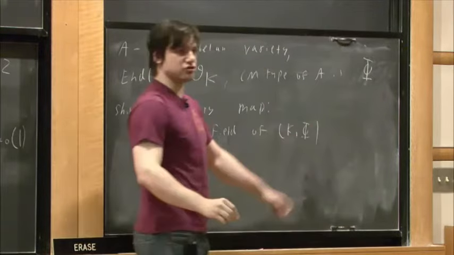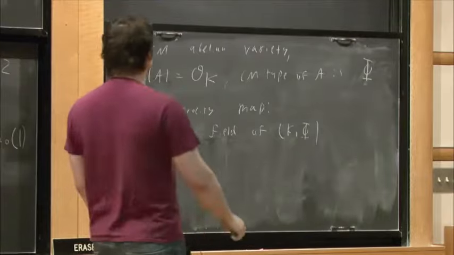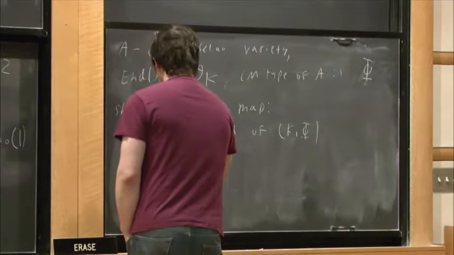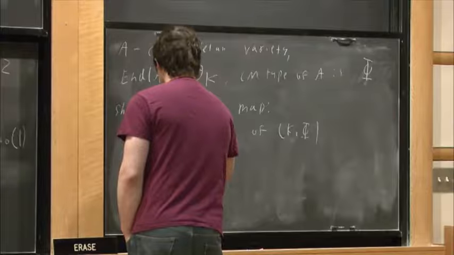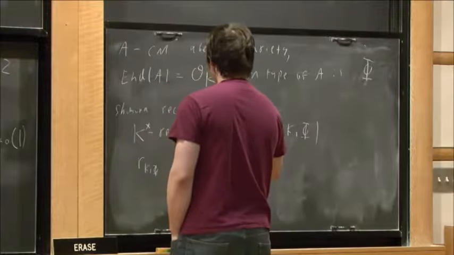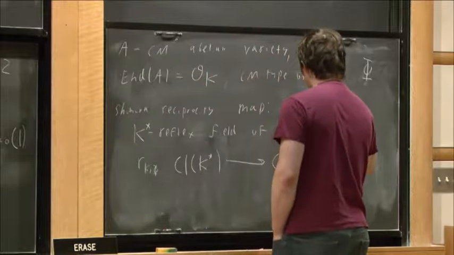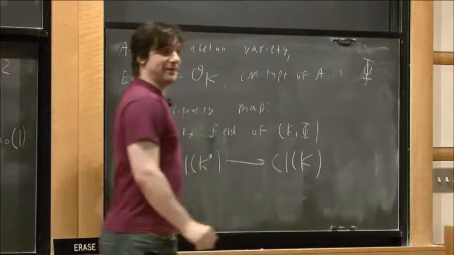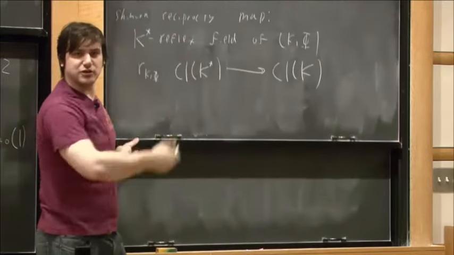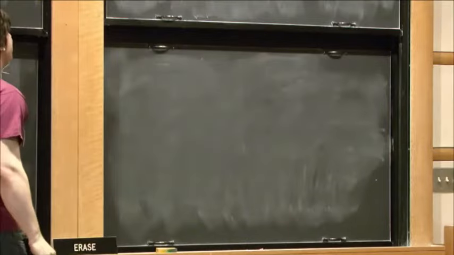So it actually depends on this as well. But it's some other CM field. It's not really a scary object by itself. And then you have this canonical map, I'm going to call it R sub K phi, from the class group of K star to the class group of K. Something you can write down combinatorially just in terms of the Galois theoretic data.